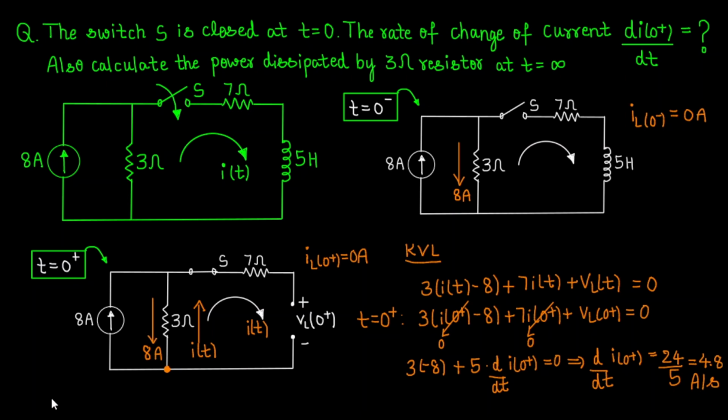Now let us move to the next part of the question. We are required to find the power dissipated by the 3 ohm resistor at time t is equal to infinity. Here we can see that 7 ohms and 3 ohms are in parallel. This is possible because the inductor has become a short circuit, because at t is equal to infinity, the inductor behaves as a short circuit as it has already reached its steady state.